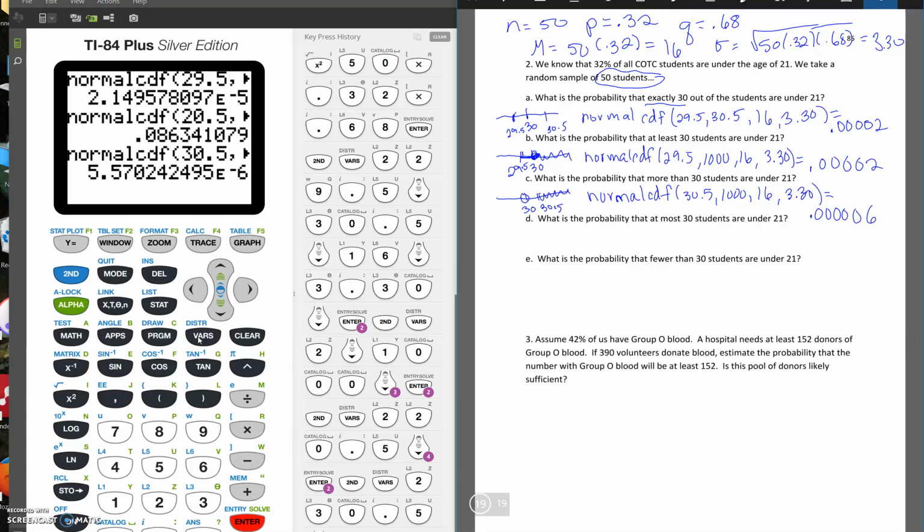So D says, what's the probability that at most 30 students? So we'd be okay with 30, but that's the biggest we would want. So we're going to want everything below it. Now, since we're okay with 30, we're going to go 0.5 in the opposite direction. So 30.5 will be our upper limit. So we're going to do normalcdf, negative 1,000 up to 30.5. Still the same mean and standard deviation.